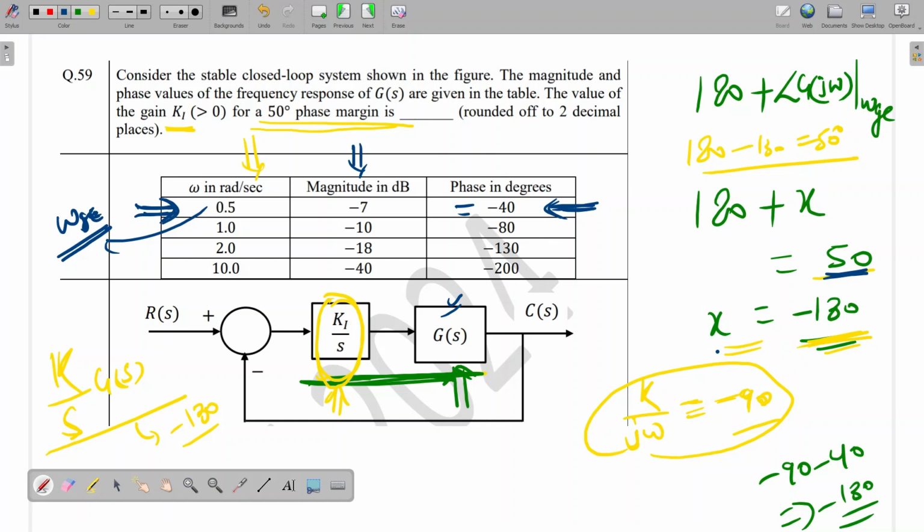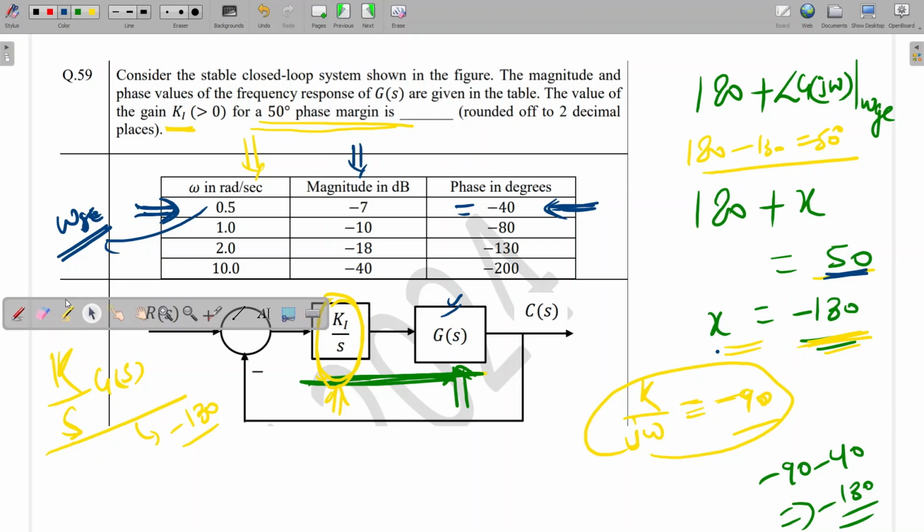So what should be the value of K? We have to calculate. Already this G magnitude is equal to minus 7. So what magnitude should be contributed by this? If it contributes plus 7, then the overall magnitude will be equal to 0.